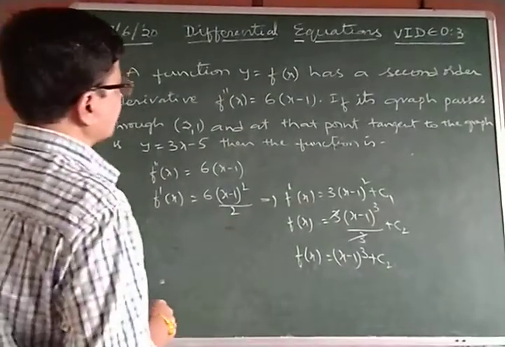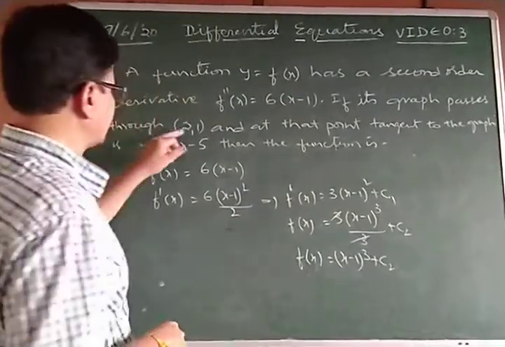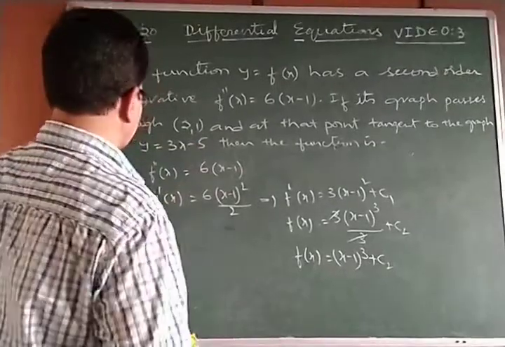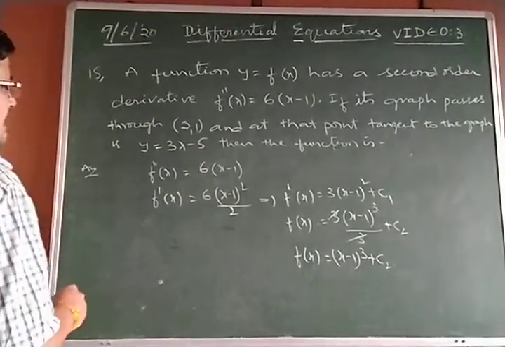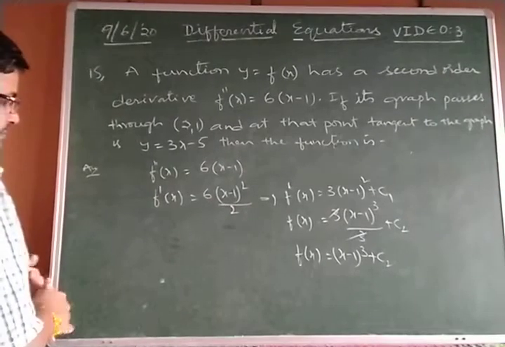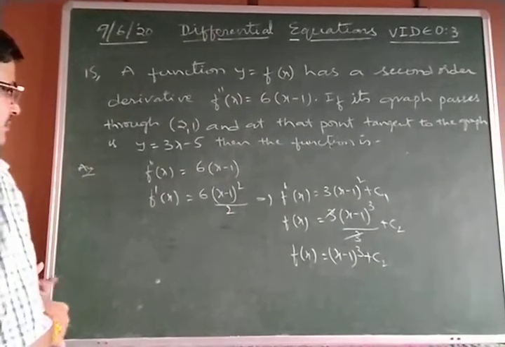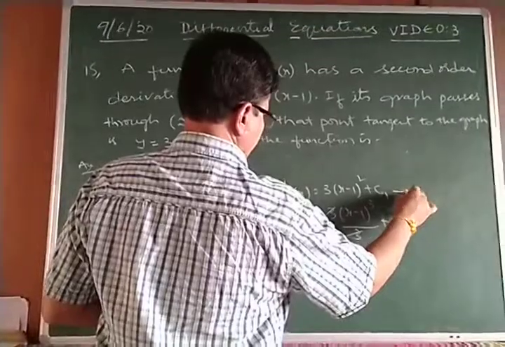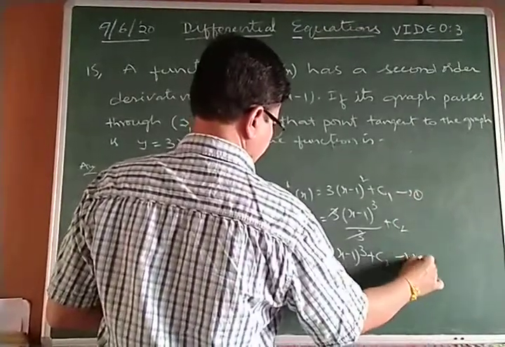So its graph passes through the point (2, 1). This is equation number 1, this is 2.